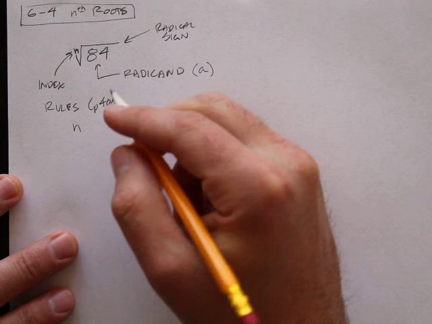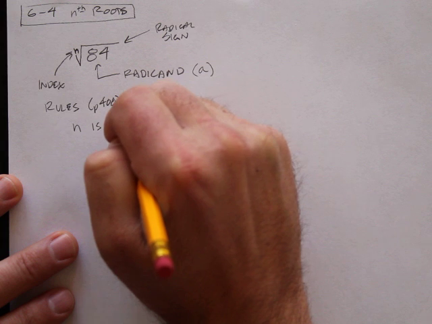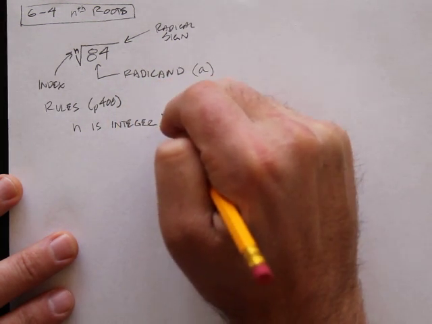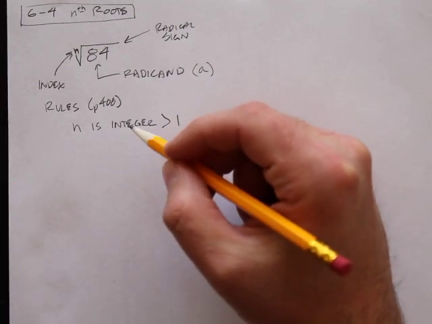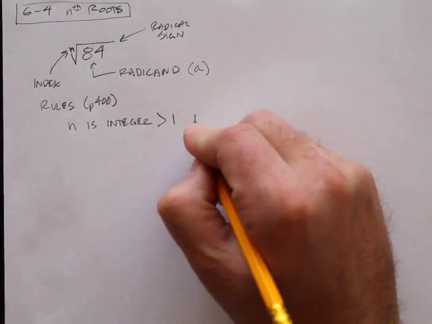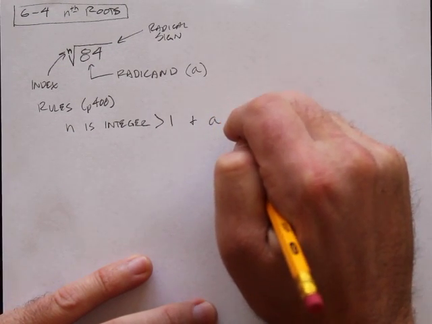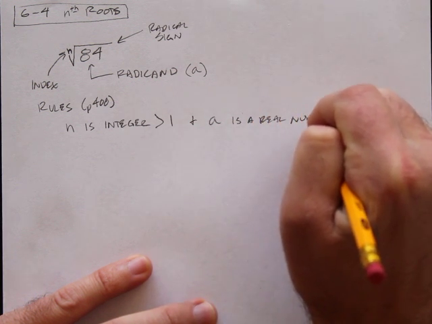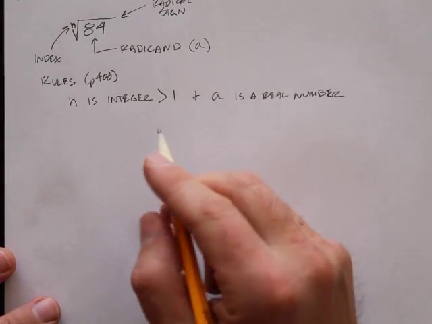For all of these rules, N is an integer greater than 1, meaning it is not a fraction and it is not negative. And A, which is the radicand, is a real number. So these need to be true for these rules to apply.